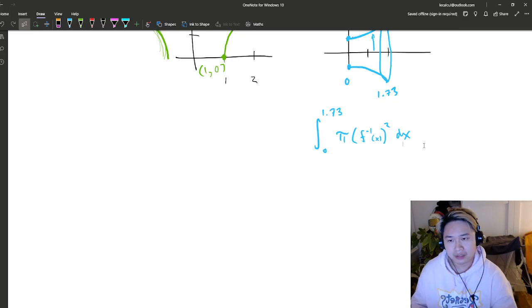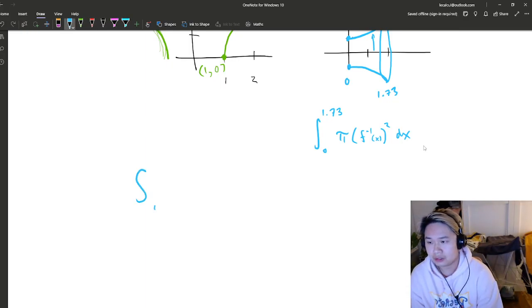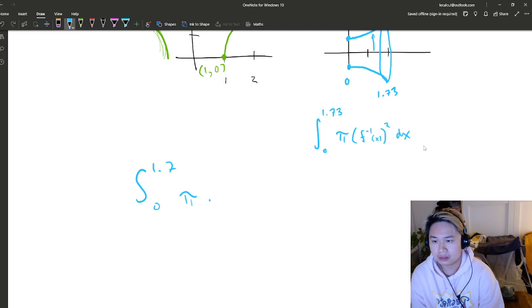But luckily they already gave you that as a function. So we're just going to evaluate this integral.